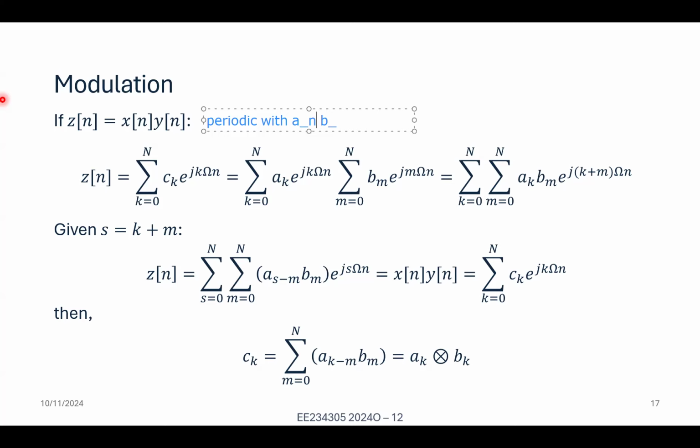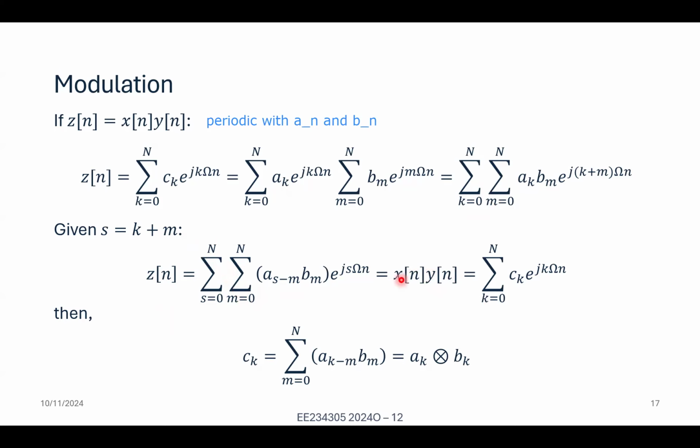Maybe it should be like an and bn, right? So that would be ak times bm times e to the j k plus m omega n. Given s equals k plus m, we can obtain zn equals the double sum of a s minus m bm e to the js omega n.